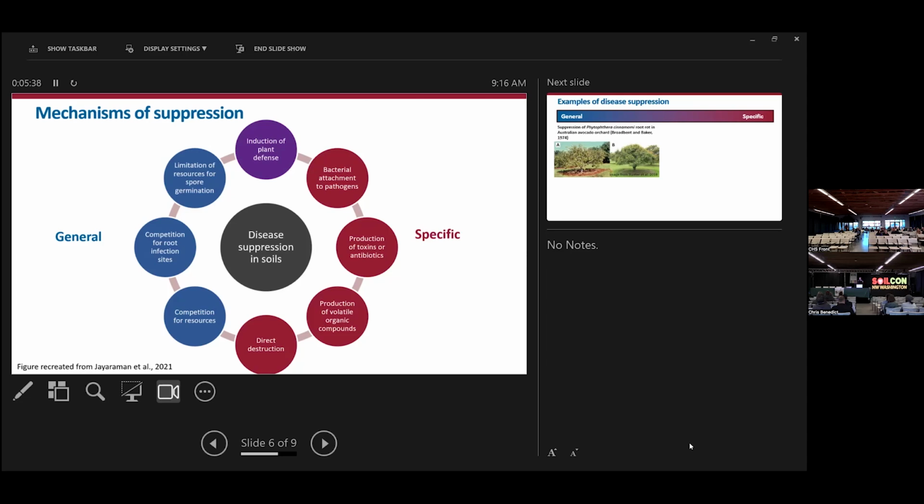And then on the general side of things, again, there's competition for resources between the quote unquote beneficial or just general microbiome organisms and the pathogen, competition for root infection sites, and limitation of resources for spore germination. And then there can also be induction of plant defense, which is also an important mechanism of suppression.